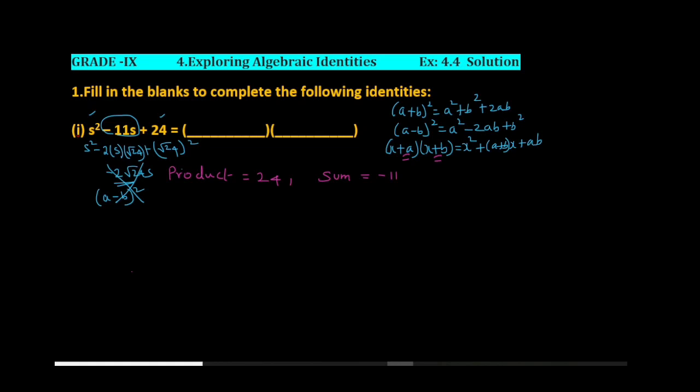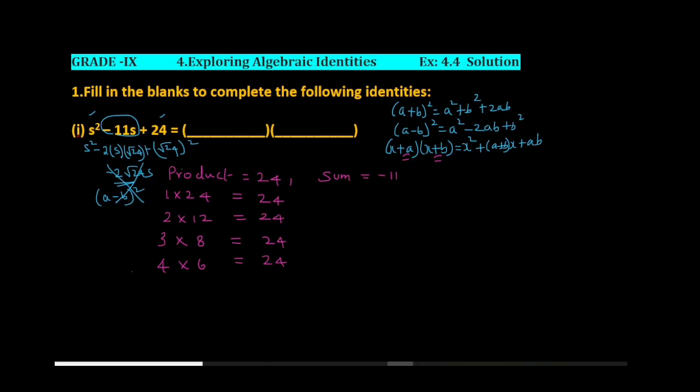For that, first find the factors of 24. 1 into 24 we can get 24, and 2 into 12 is 24, then 3 into 8 also 24, then 4 into 6 is 24. So these are the factors for 24.